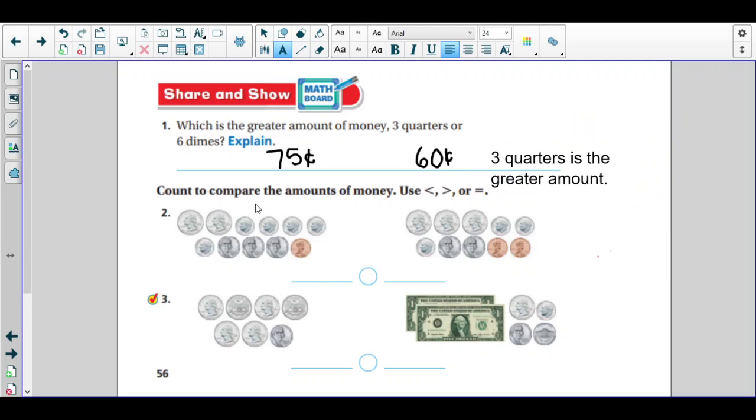Count to compare the amounts of money using less than, greater than, or equal to. Well, let's see what we got here. Again, starting with our largest coin and kind of going from there. So 25, 50, 60, 70, 80, 90, 100, 105, 110, 115, $1.16 is what we have over here.